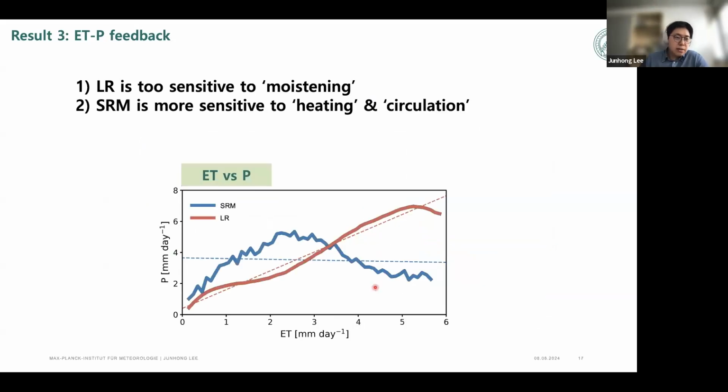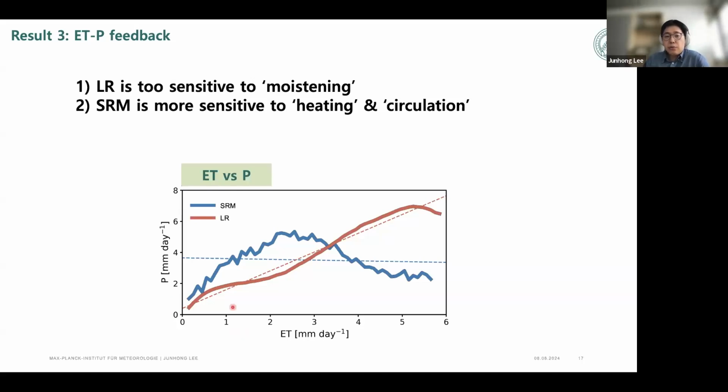In order to check the second point, I plotted the mean average of precipitation based on evapotranspiration. I plotted the storm resolving simulation in blue and the low resolution in red. And as you can see, in low resolution, precipitation increases linearly with evapotranspiration.